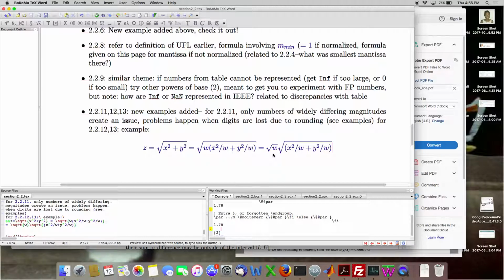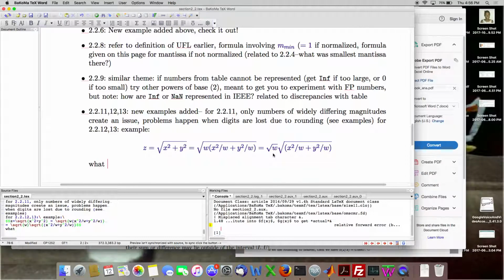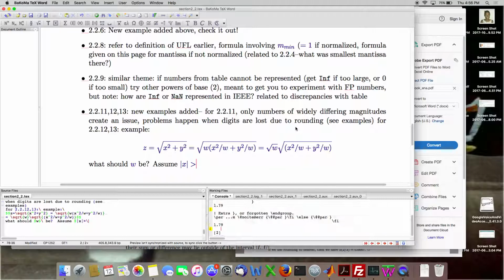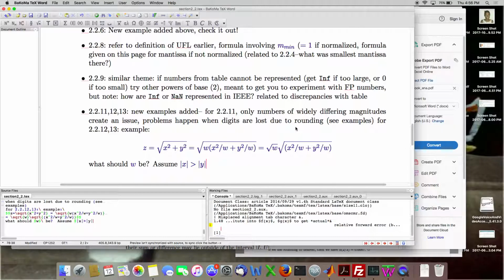So the question for you to answer is, what should w be, to put in a situation where you're not having an operation that causes overflow? And to test your idea, assume not only x is greater than y, but extreme case helps.